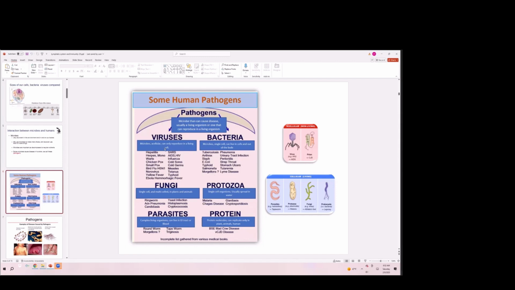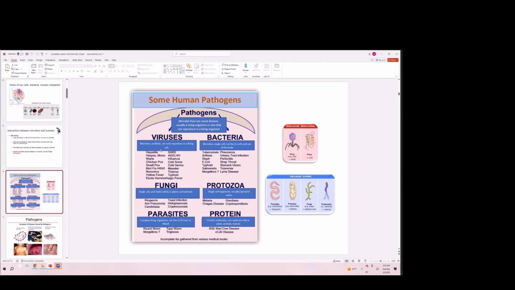And then you hear about viruses. Viruses are also similar to bacteria, but if you look at viruses, they are not considered to be actually living. The interesting thing about them is that they carry out some of the things that living things do.